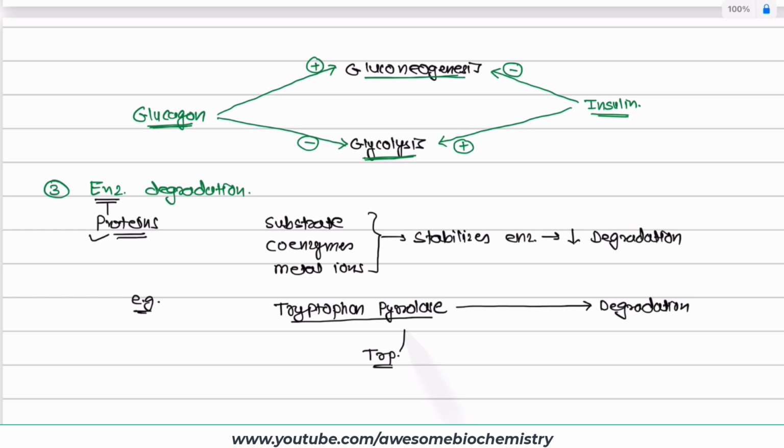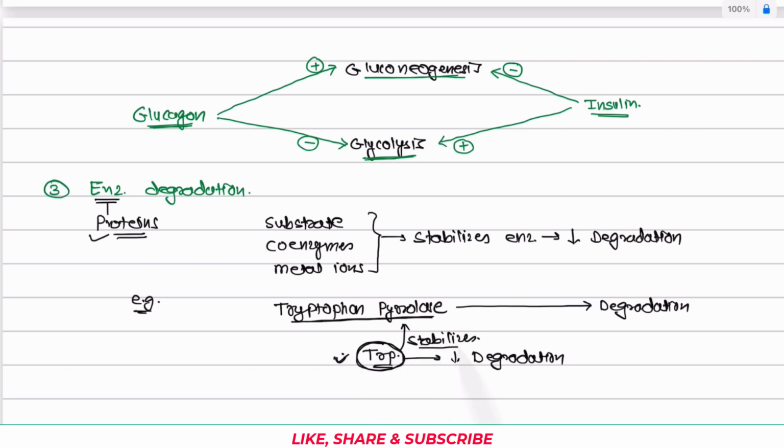This tryptophan stabilizes the enzyme tryptophan pyrrolase, and so tryptophan can decrease degradation of tryptophan pyrrolase. Now, the biological importance of this is that when you take a tryptophan-rich diet, at that time more metabolism of tryptophan is required. So tryptophan makes sure of it by stabilizing its metabolic enzyme, that is tryptophan pyrrolase. So this is also a very well regulated metabolic regulation.